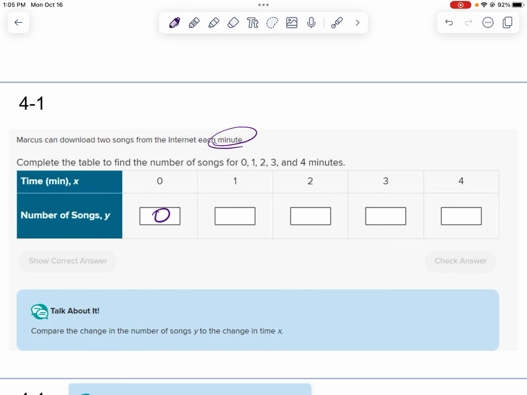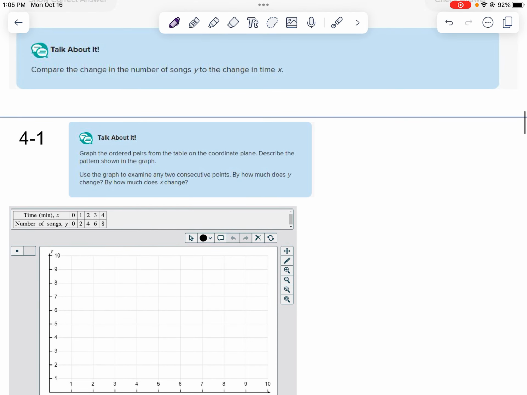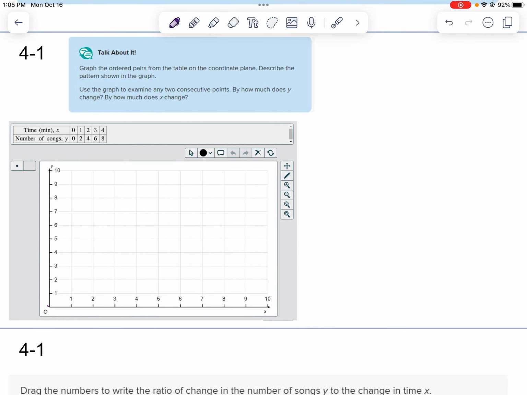At 1 minute, he can do 2 songs, so that's 2. 1 more minute, he's got 4 songs. 1 more, he's got 6 songs. And then he has 8 songs. Okay, it seems to double each time. So now we're going to graph this. So I have 0, 0, 1, 2, 2, 4, 3, 6, 4, 8.